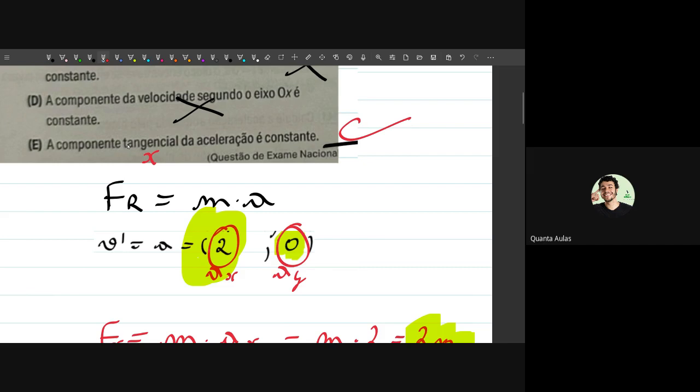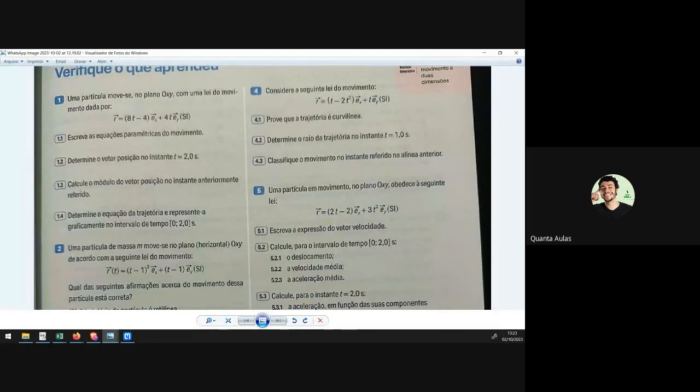But if you had a letter T in this situation, it is not constant. You just need to search for the T's. If you have T, it's not constant. If you don't have T, it's constant. Just like that.